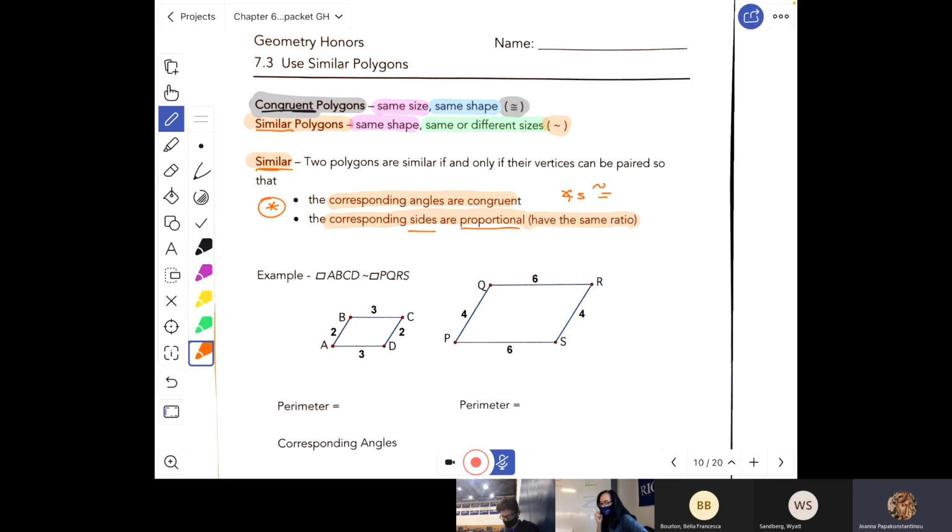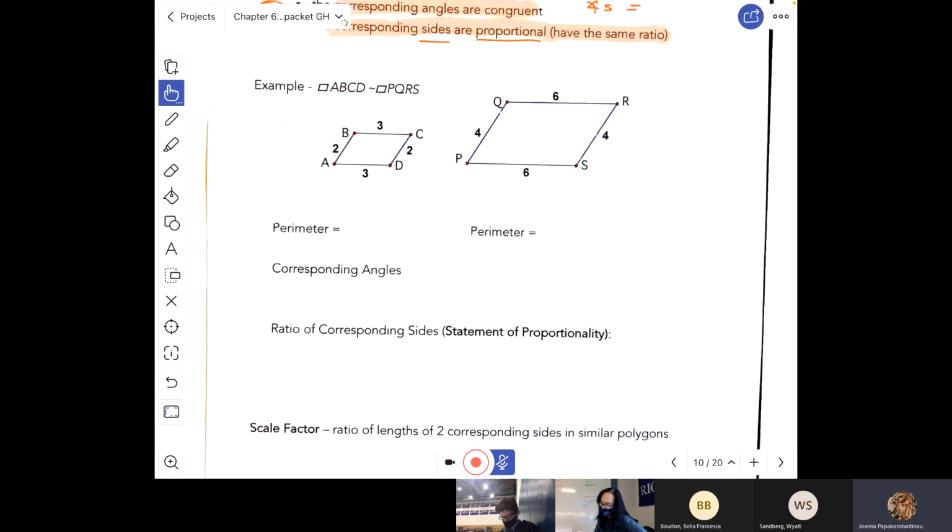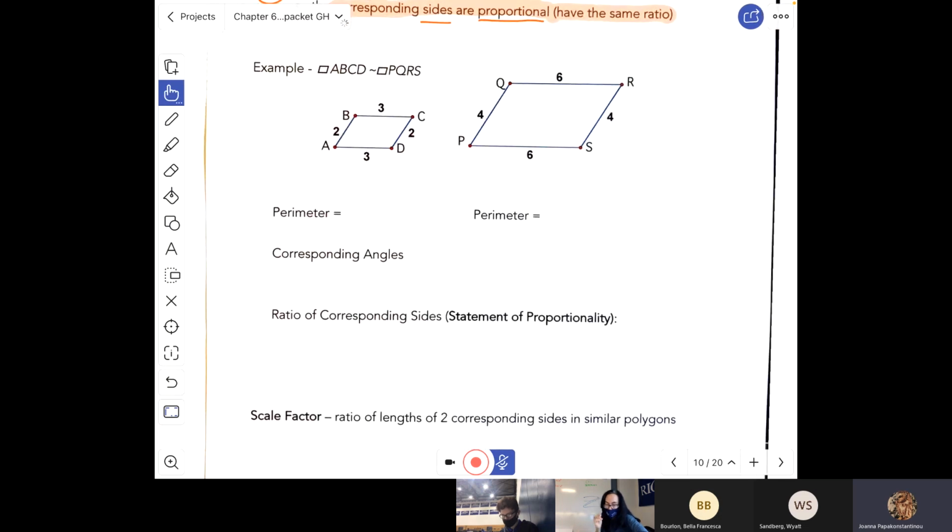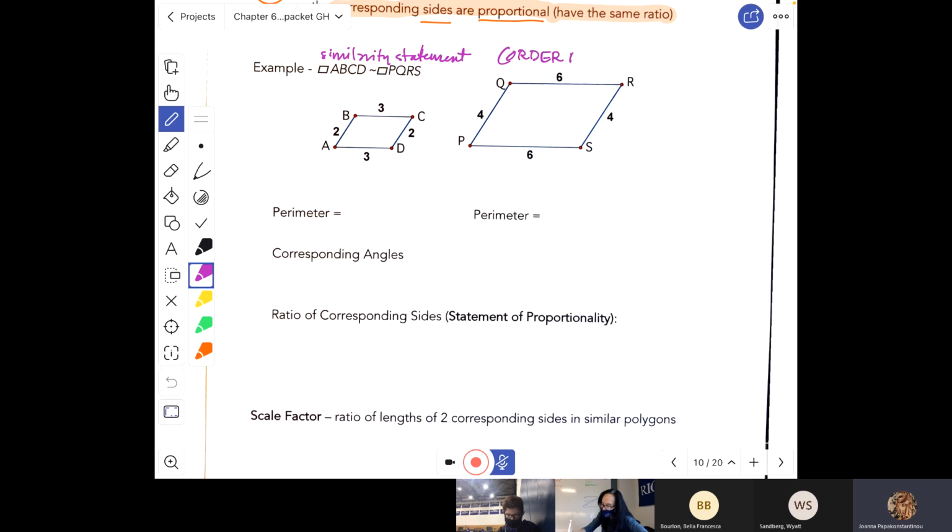So what's important to denote when given polygons, if you notice in this example you are given two polygons, is that order matters. This is what we call a similarity statement, and in a similarity statement, order matters. What do I mean by order? The order in which you are listing the vertices.